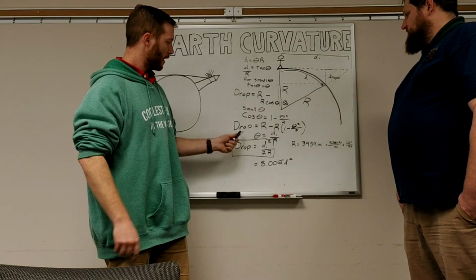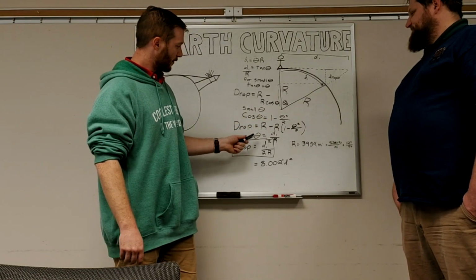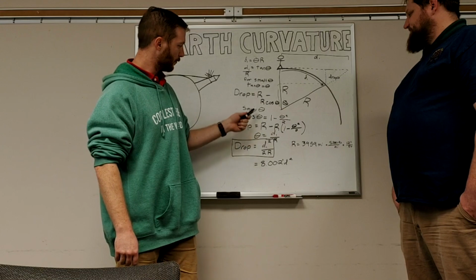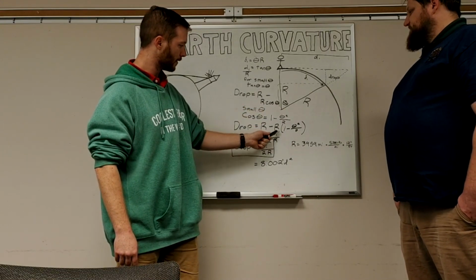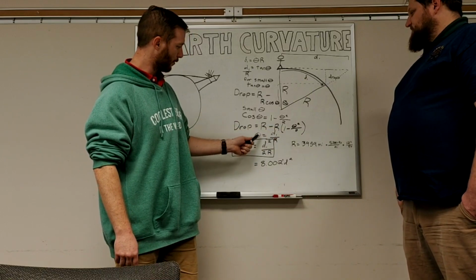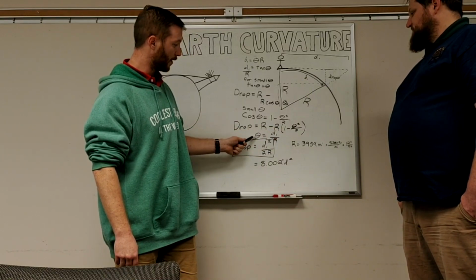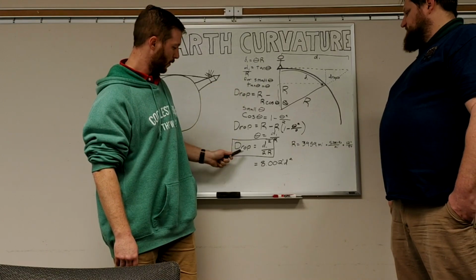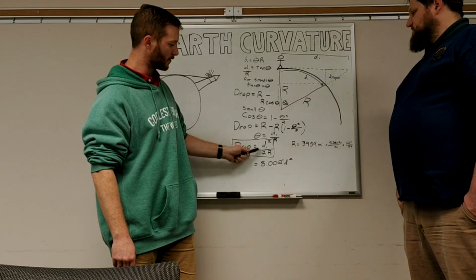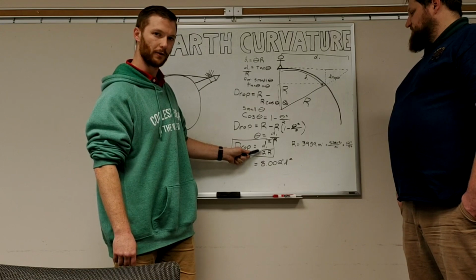Yeah. So then once you start subbing this stuff in, your 1 minus theta squared over 2 for your cosine theta here into your drop equation, we pull R through, and then we sub in our theta equals our D1 over R. We get our drop equaling D1 squared over 2 times the radius of your Earth.